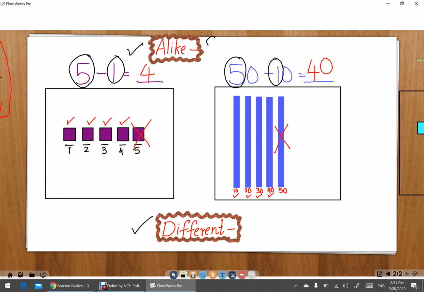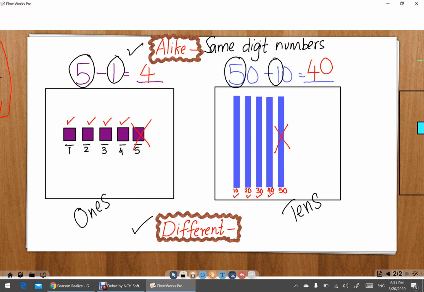You see, they have the same digit numbers. And how are they different? Here on my left, they are ones, and on my right, they are tens. Do you understand how ones and tens, they both are the same and how they both are different?